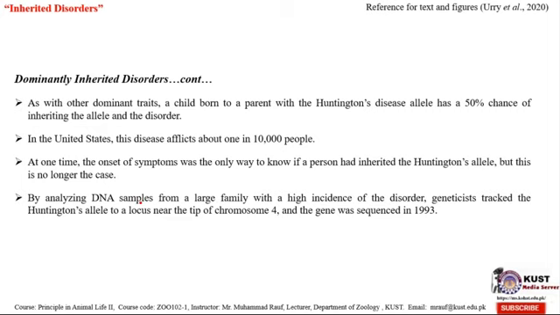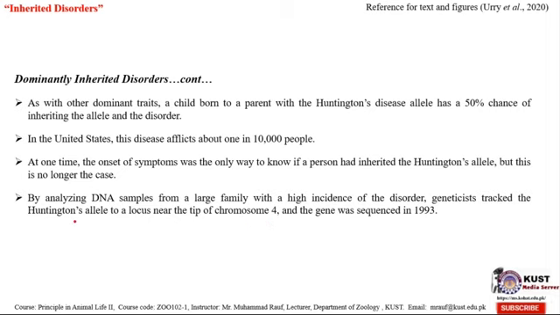Now, by analyzing DNA samples from large families with a high incidence of the disorder, which you obtain through chorionic villus sampling or amniocentesis, these DNA samples are studied. The particular gene responsible for this condition is sequenced and looked at for any harmful changes, and thereafter effective strategies to counteract the condition can be developed.